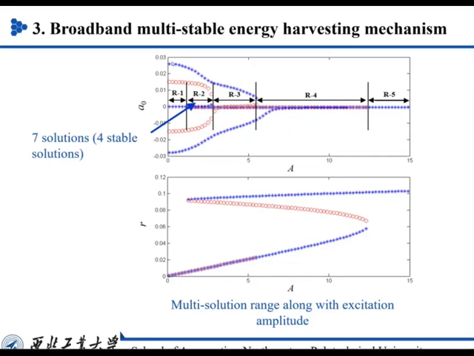If it is confined in stable equilibrium position 1, A0 is like this one, the upper one, and if it is position 5, it is the lower one. And we found it may have 7 solutions, and 4 of them are stable solutions.